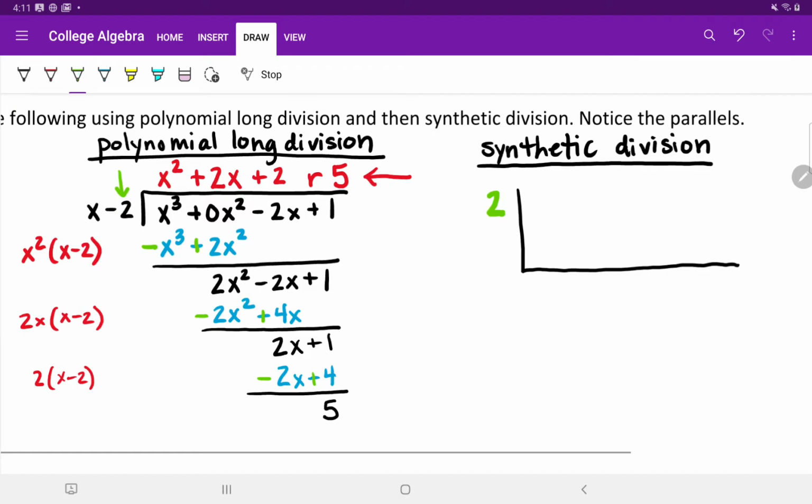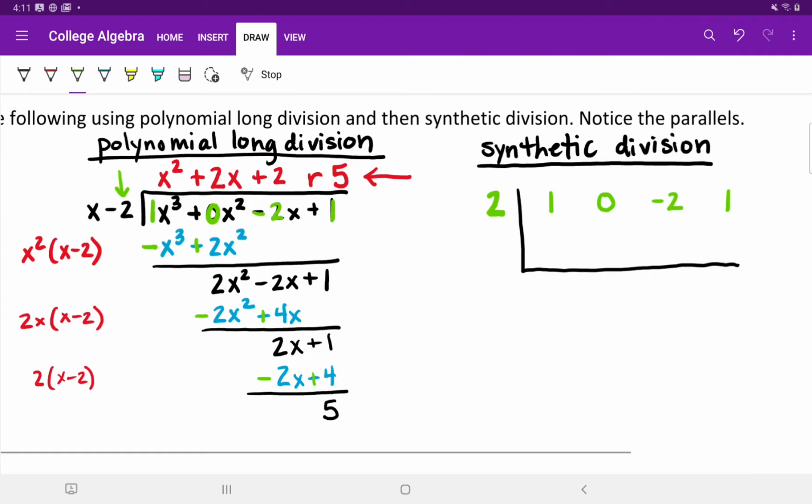Then we take the coefficient of each of these numbers. So the coefficients here would be 1, 0, -2, 1. And we write them 1, 0, -2, 1. And that's how we set it up.